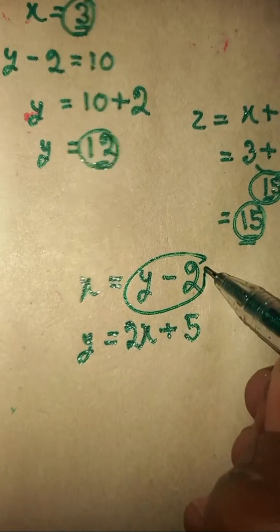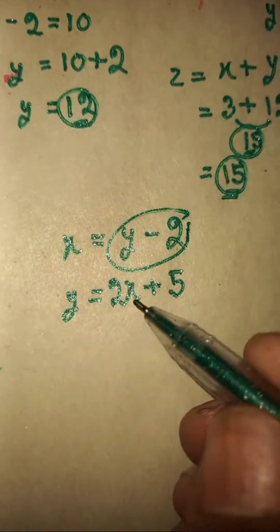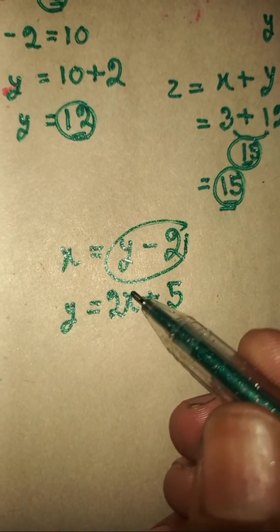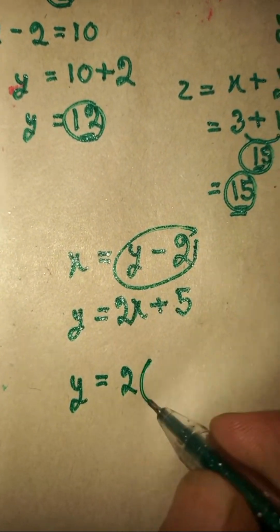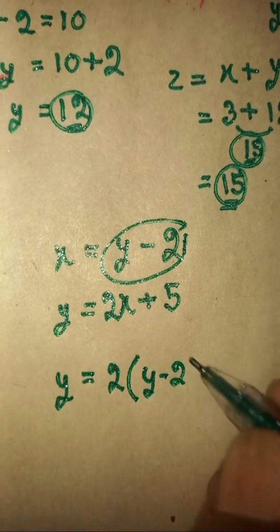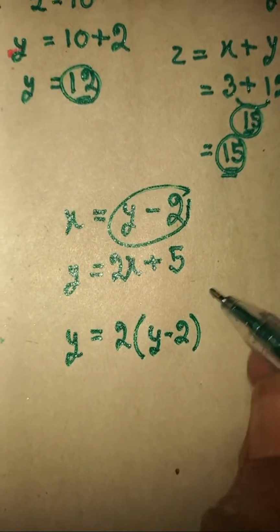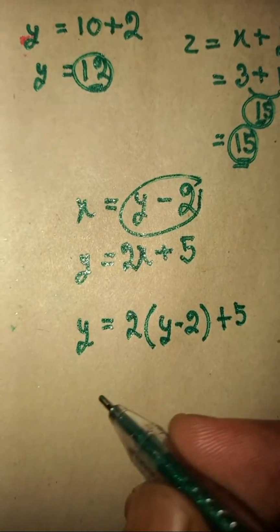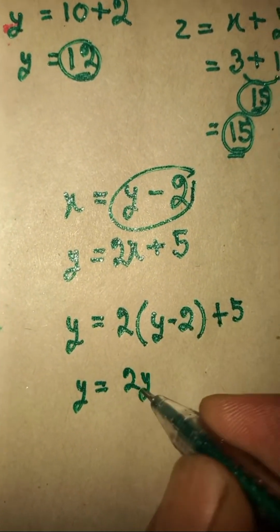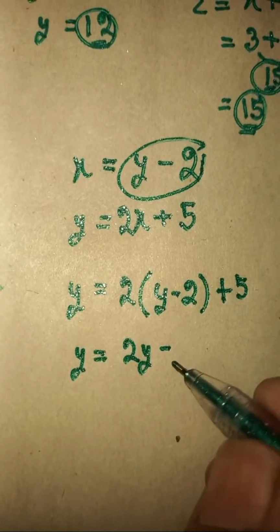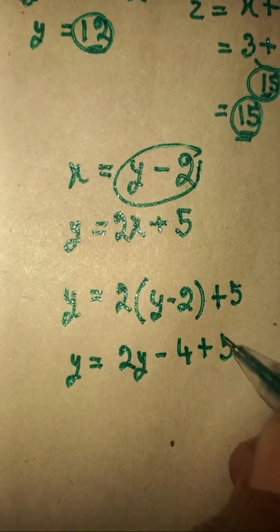Here they have given x value as y minus 2. Here also plug x equal to y minus 2. You're going to get y equal to 2 times of y minus 2, and you're going to get plus 5. This one, y equal to 2 times of y is 2y, minus 2 times of 2 is 4, minus 4 plus 5.